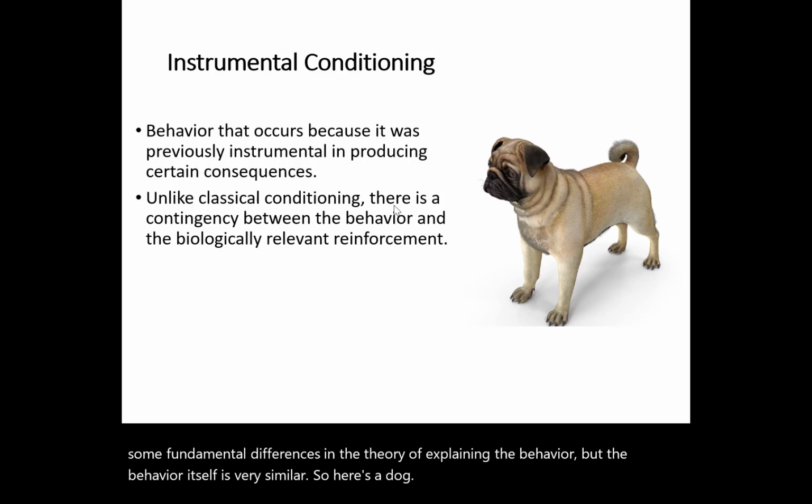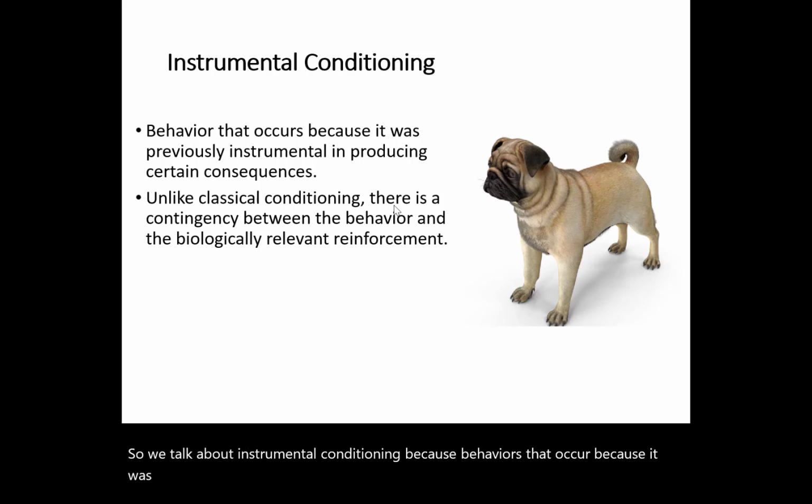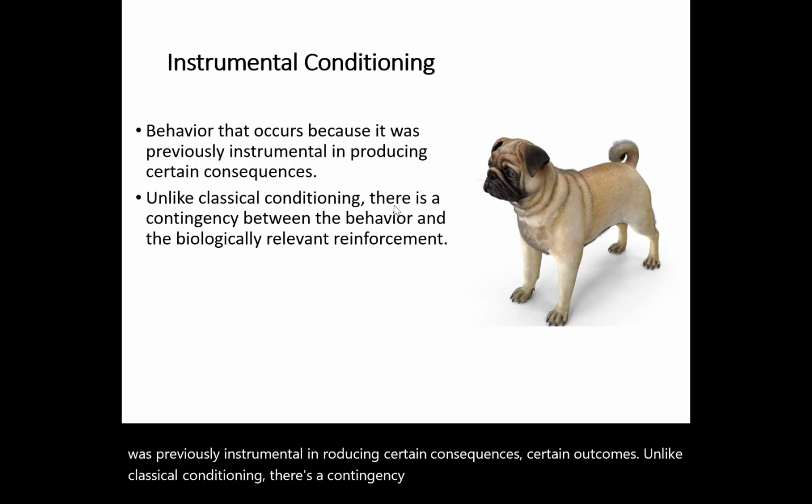So we talk about instrumental conditioning because behaviors that occur because it was previously instrumental in producing certain consequences, certain outcomes. Unlike classical conditioning, there's a contingency between the behavior and the reinforcement or biologically relevant reinforcement.